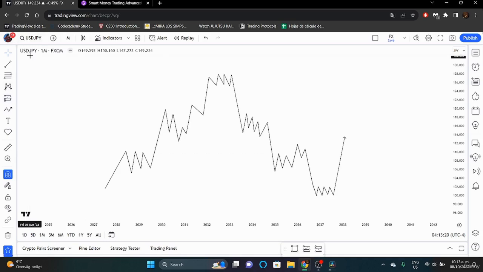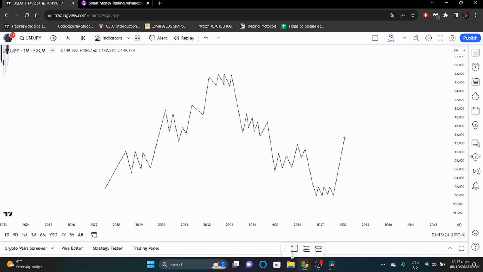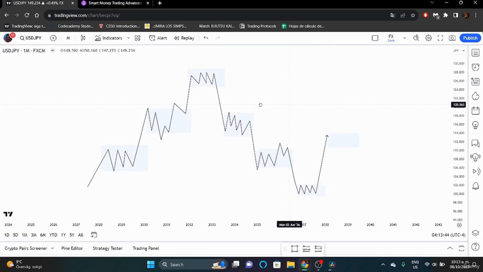This is the first accumulation phase, second accumulation phase, reversal, first distribution phase, second distribution phase, reversal, and it repeats on and on and on.